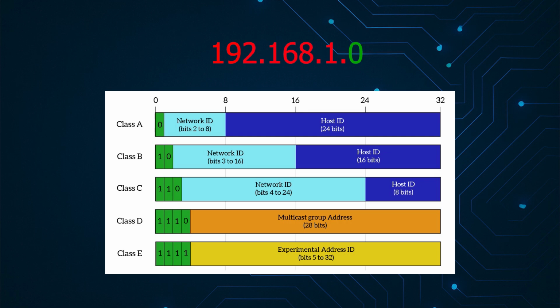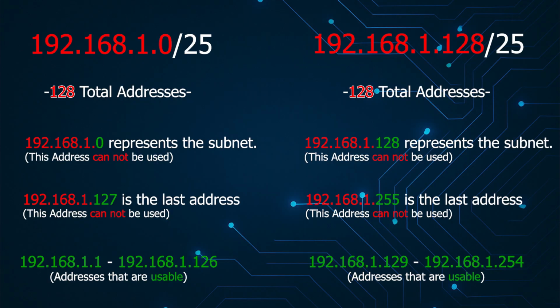Notice that because we are in Class C, our only octet that is changing due to our subnet is the last octet. Both of these subnets each have 128 addresses, smaller, cleaner networks that are easier to manage.